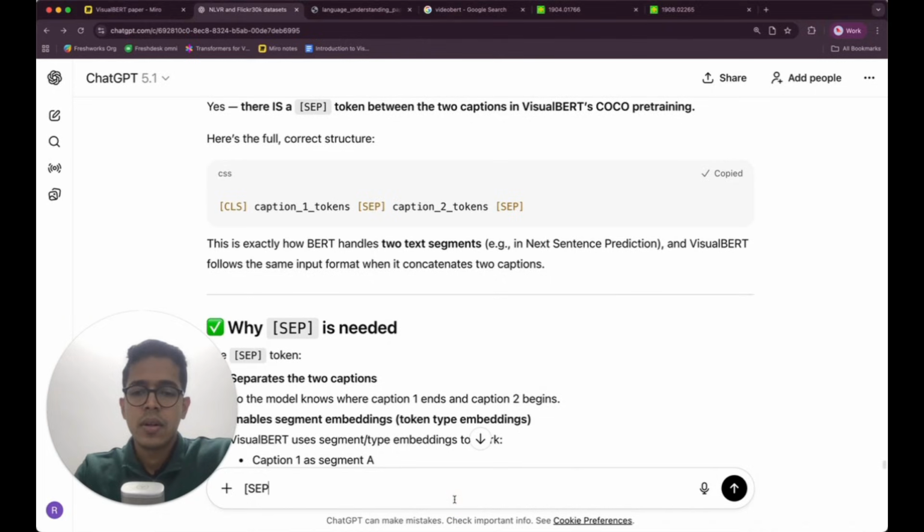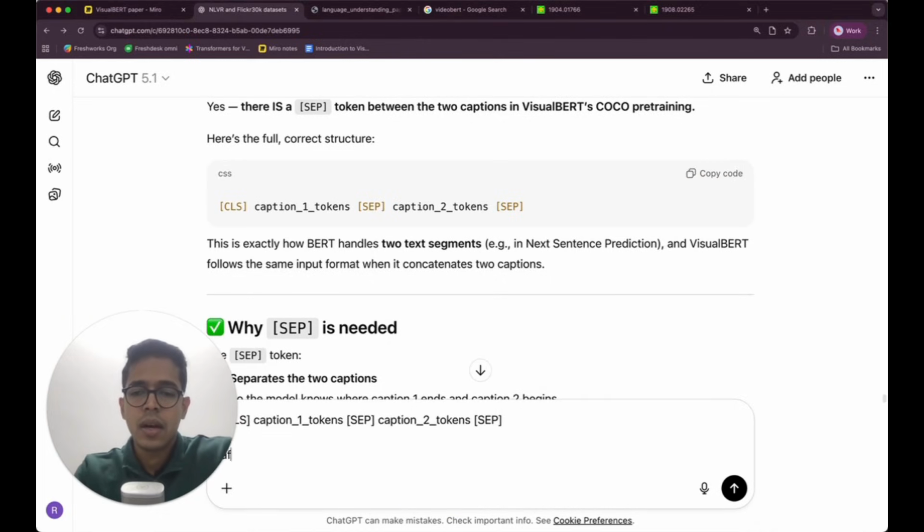So let me copy this. After this, there will be image tokens also, right? Show me the full token structure.